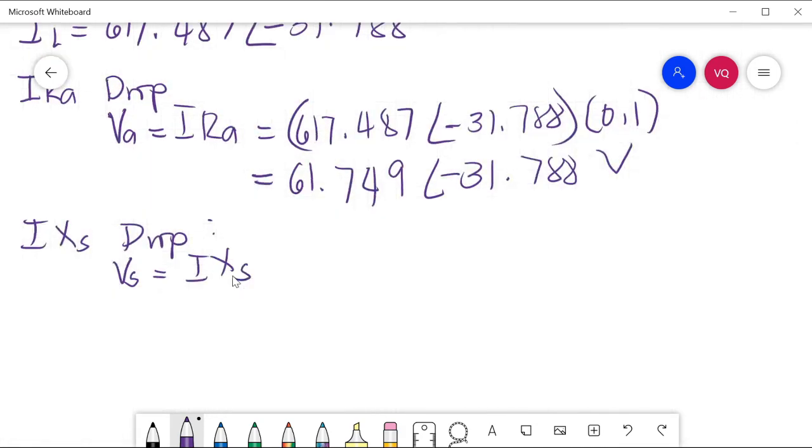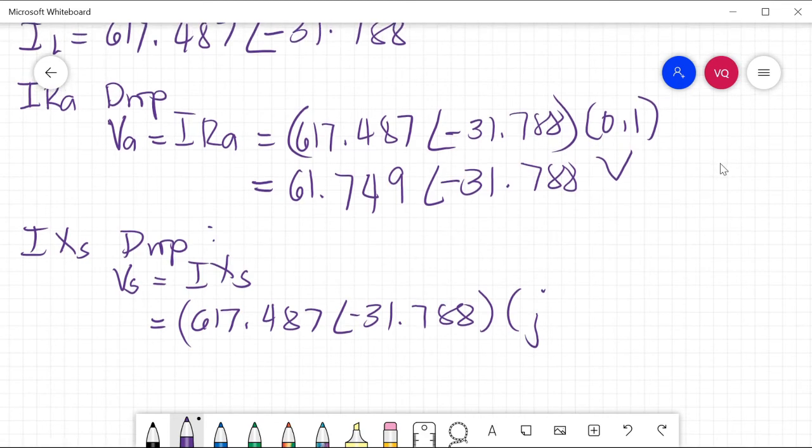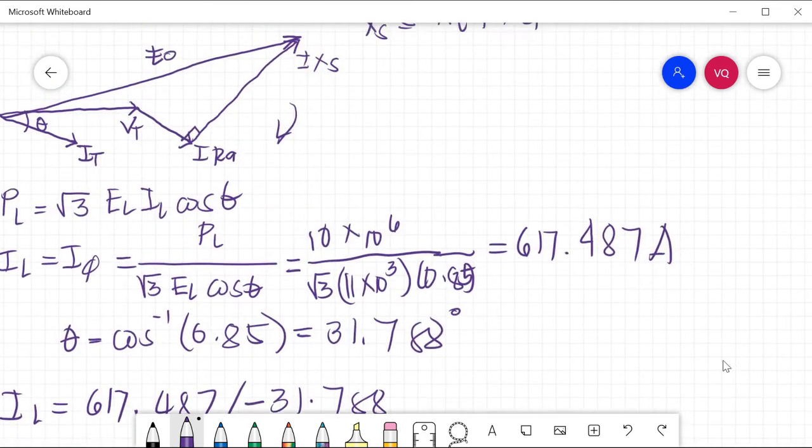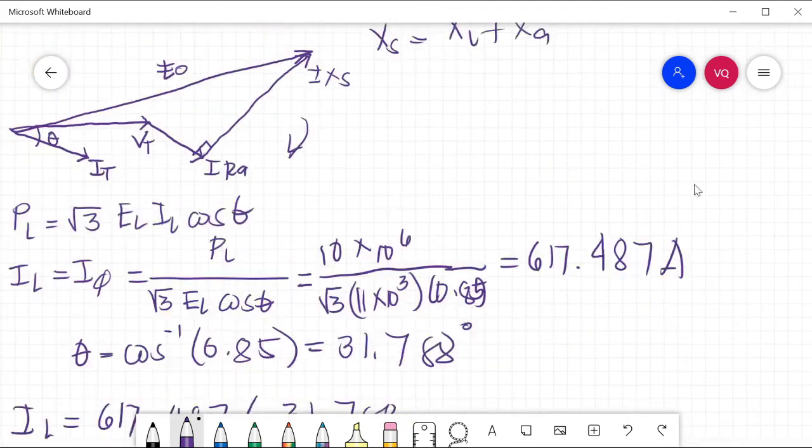IXS is equal to 617.487 angle negative 31.788 multiplied by J, positive J for inductive, multiplied by XS. What is the value of XS? 0.66 ohm per phase.